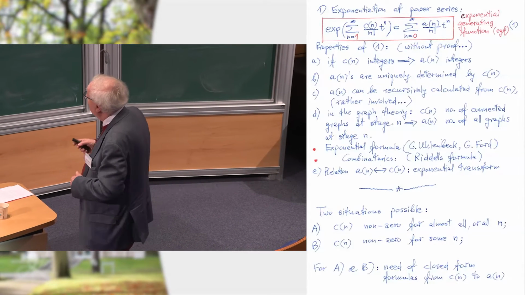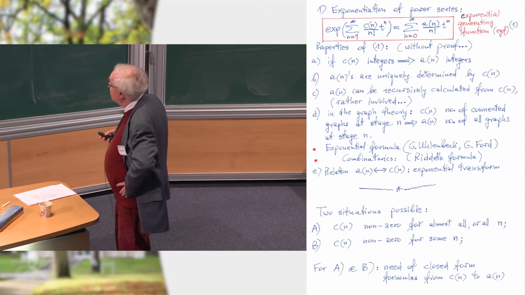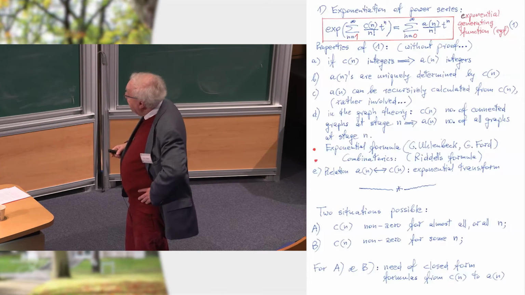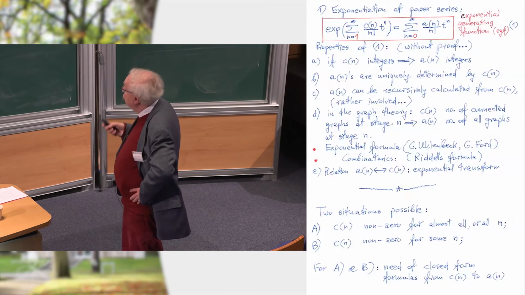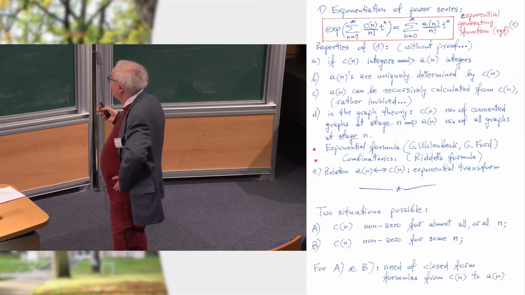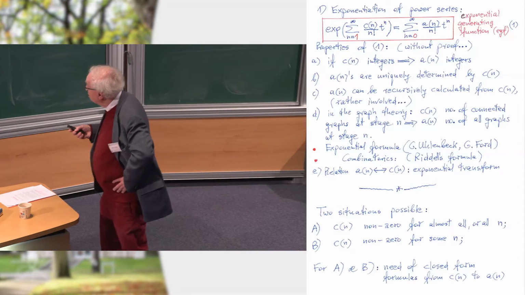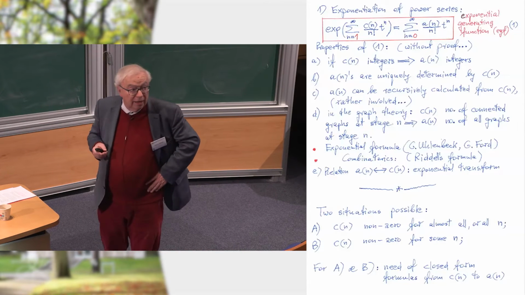Okay? Now, from the practical point of view, two situations are interesting. Situation A, when Cn are non-zero for almost all or maybe all of n. And the second situation, when Cn are non-zero for some n only.